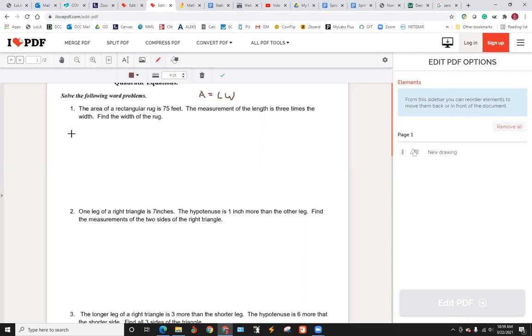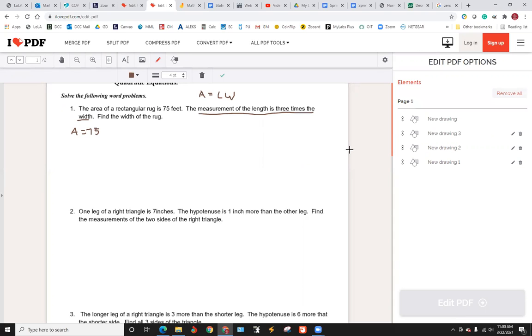Now let's write these down. They tell us that the area of a rectangular rug is 75. All right, and then again, here's going to be our problem solving kind of thing that we looked at in that little one that I just showed you from back in the olden days from chapter 2.